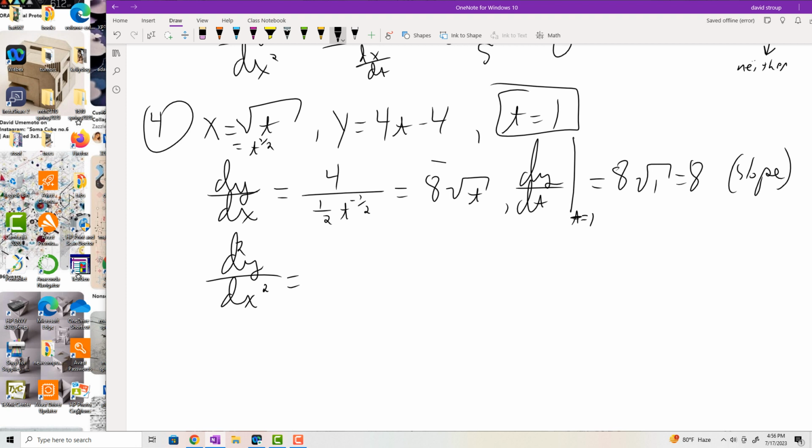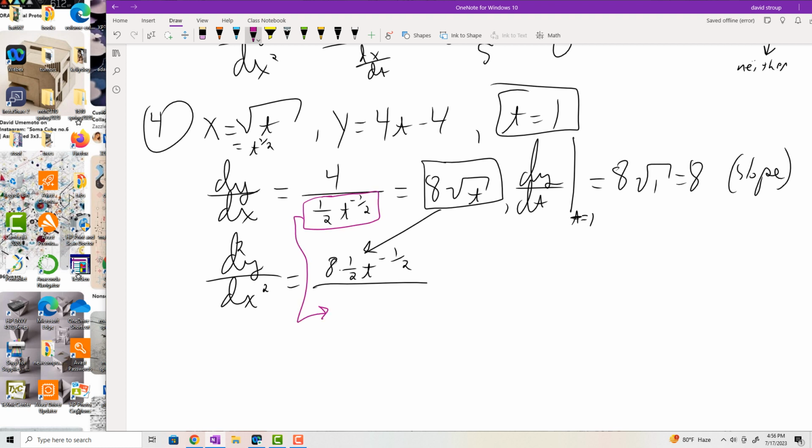Okay, so in the numerator you put the derivative of this thing. That will be 8 times 1/2 t to the negative 1/2. And then the denominator, you put the derivative of x with respect to t, and that's this thing right here. Okay, so see what I mean? You can't just take the derivative of the first derivative. It doesn't pan out. All right, so here the t to the negative 1/2s cancel, the 1/2s cancel, so you just get 8. So the concavity is always the same.